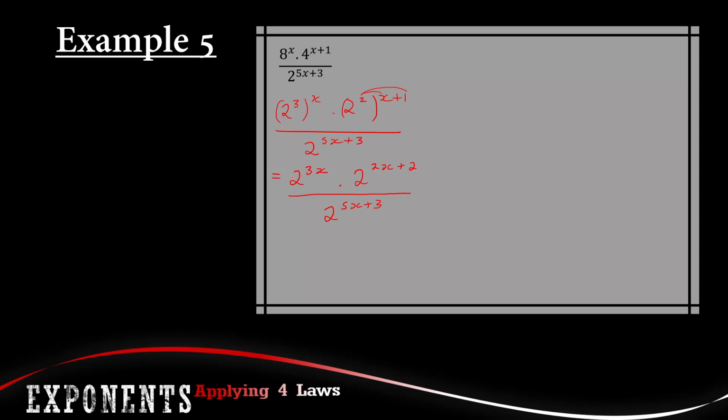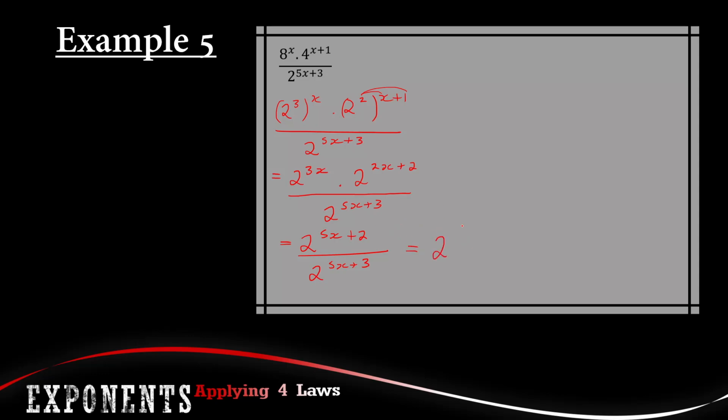Now when we multiply the same bases, we add their exponents. So this becomes 3x plus 2x is 5x plus 2 over 5x plus 3. When we divide the same bases, we subtract the exponents.